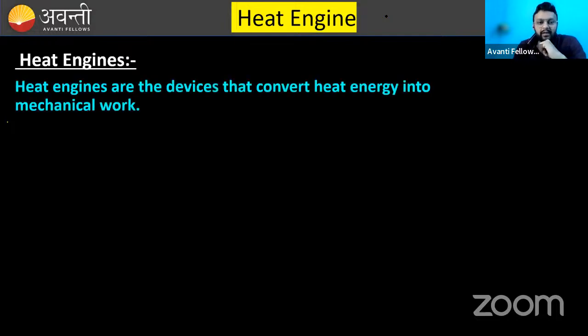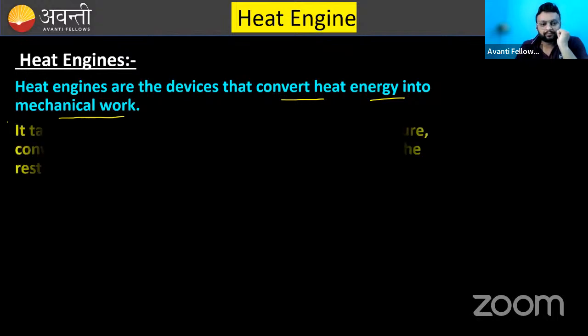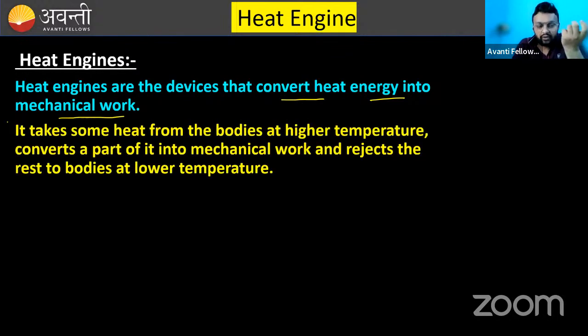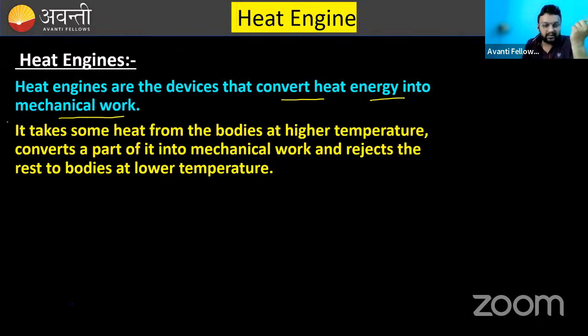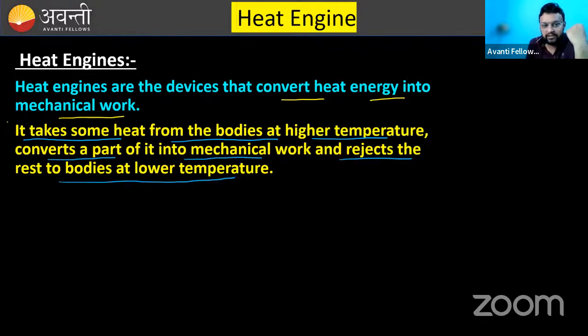So what is heat engine? Heat engines are devices that convert heat energy into mechanical work. I think this point is clear. How do they work, what is their working principle? It takes some heat from the body at higher temperature, converts a part of it into mechanical work, and rejects the rest to a body at lower temperature.